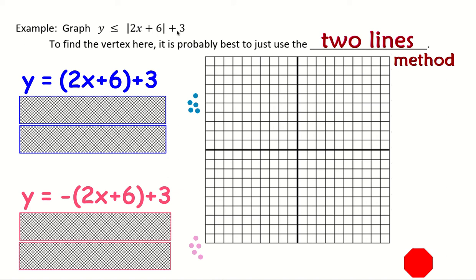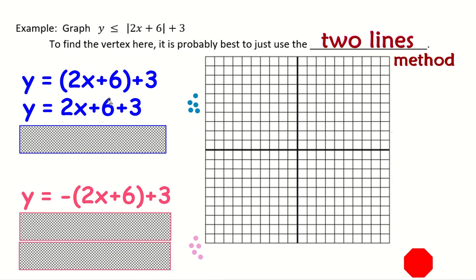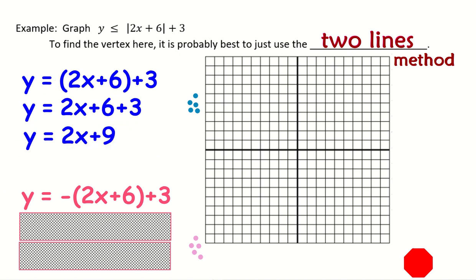And again, it's always going to be plus 3, because we're only doing a positive and negative version of this absolute value chunk. All right? So this is what's going to create our two different lines. If you take this all the way to the end, you can just drop the parentheses because there's nothing out here worth distributing, and you end up with y equals 2x plus 9.